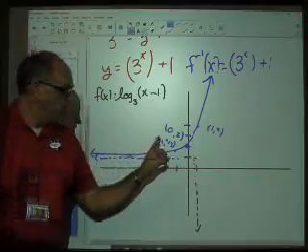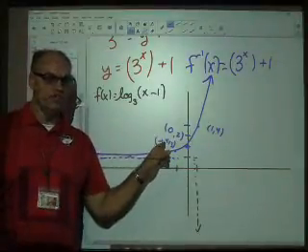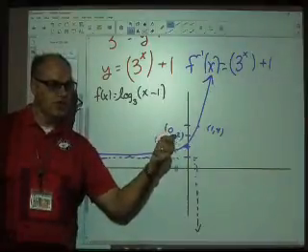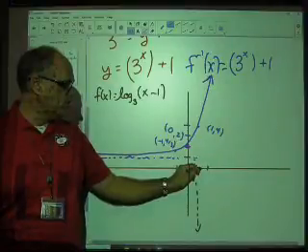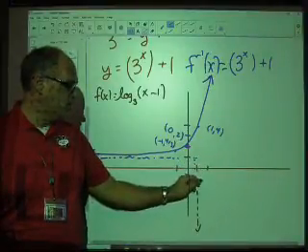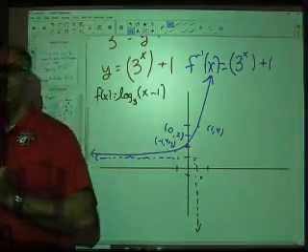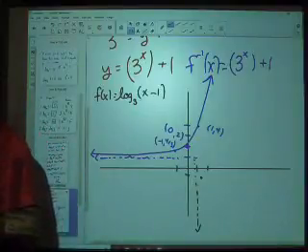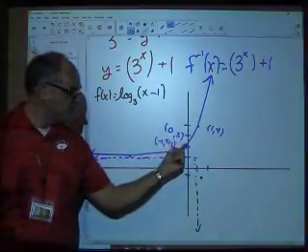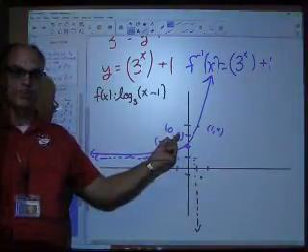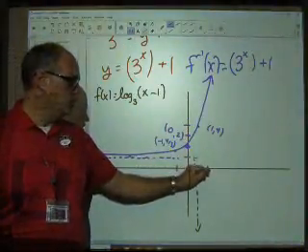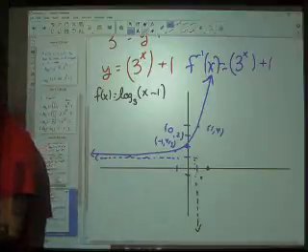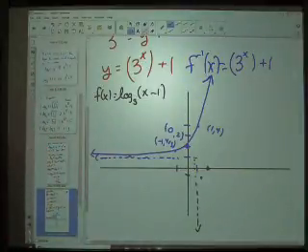As I consider this ordered pair right here, in the original, the inverse causes the x's and y's to trade, and so it is actually at 4/3, comma negative 1 is a point that's on the log function. And then when I'm looking at this point right here of 0, comma 2 on the original, I trade x's and y's, it becomes 2, comma 0 as a point on the logarithm function.